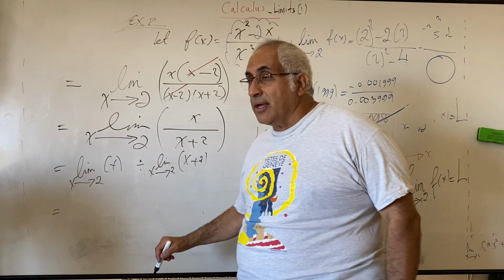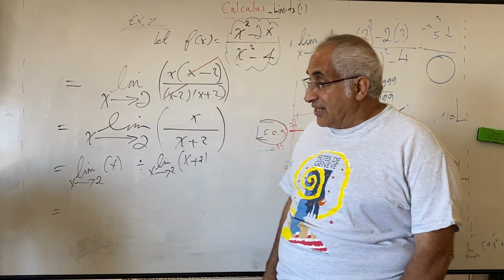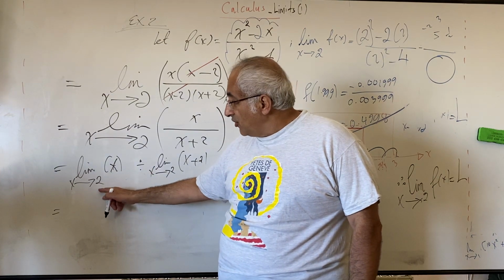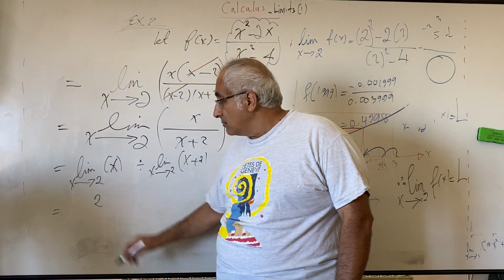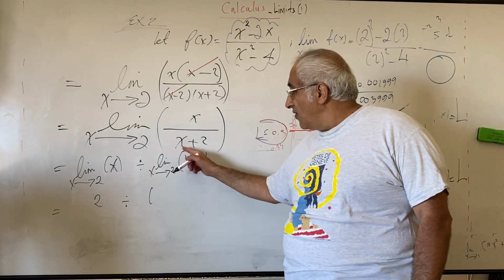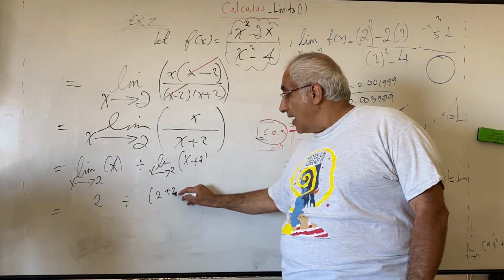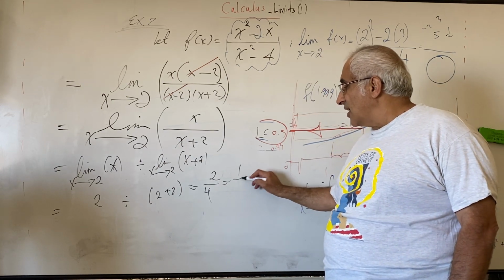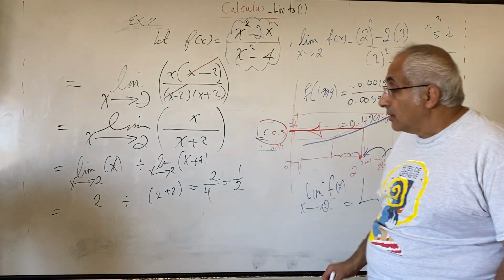Let's substitute. I'm going to substitute 2 in here because there's a rule that says if you have an x variable here, plug the 2 in directly, and here plug the 2 in that x plus 2. And guess what happens? You can rewrite it like that, and the answer is half. Oops!